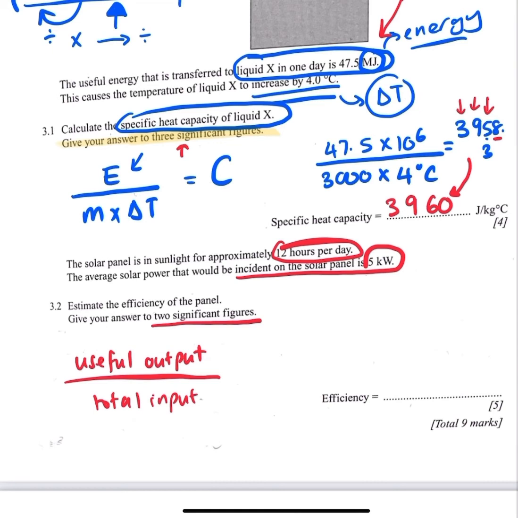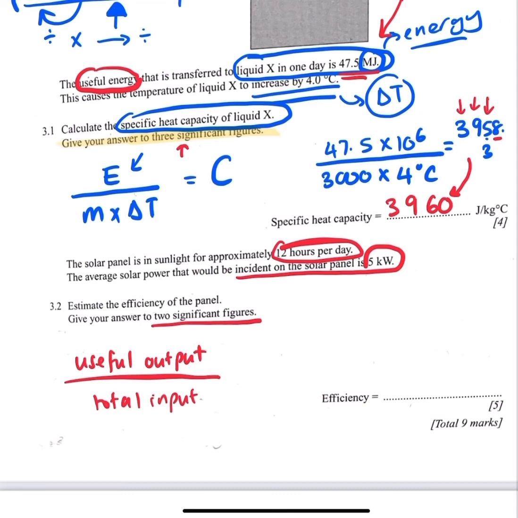Okay, so the useful output is 47.5 megajoules, because it literally says the useful energy that is transferred to the liquid X, because that's what we're trying to heat up, is 47.5 megajoules, or 47.5 times 10 to the power of 6 joules.